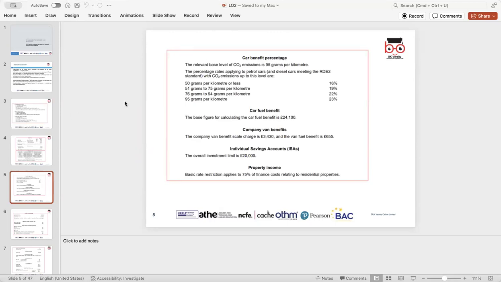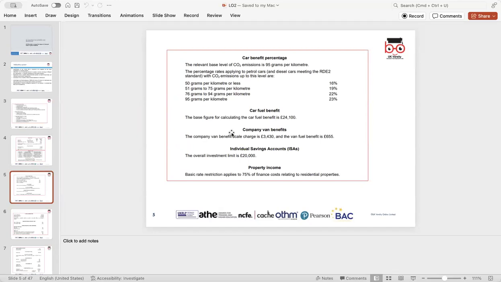Now we are going to talk about some key aspects of taxation related to cars, vans, savings and property income. These are important considerations for both individuals and businesses. Firstly, we'll talk about car benefit percentage. This is relevant for employees who receive a company car as part of their job. The percentage rate depends on the car's CO2 emissions.